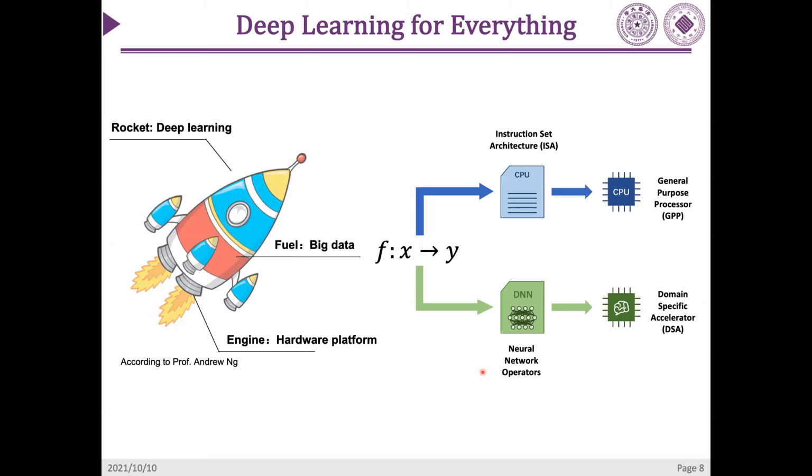So that's why the neural network is widely used, because it represents the very general equation y equals f(x). So if you want to have the acceleration of y equals f(x), then you just need to accelerate the inference of the trained neural network.